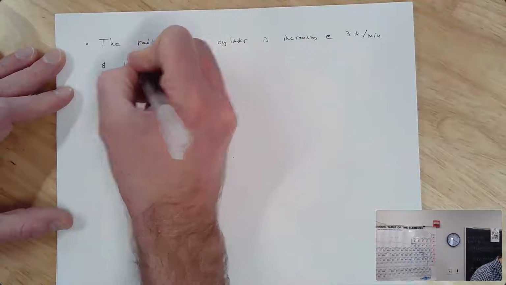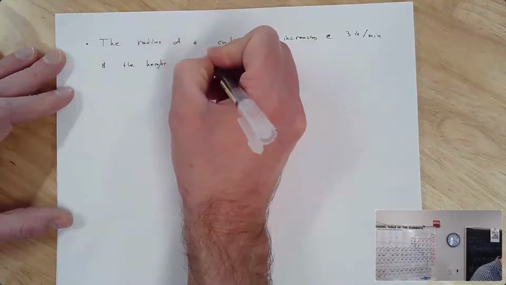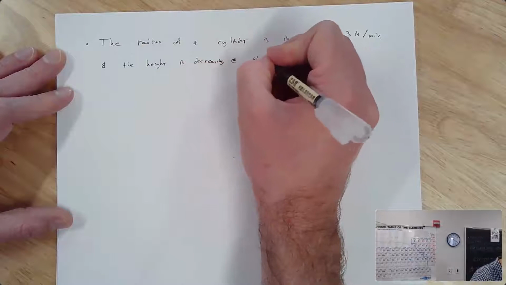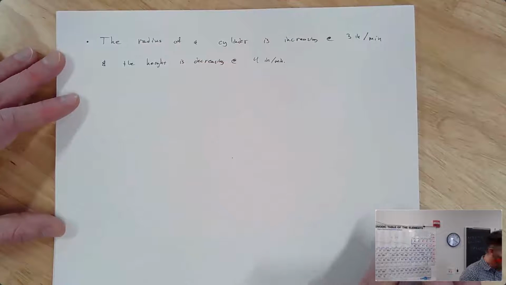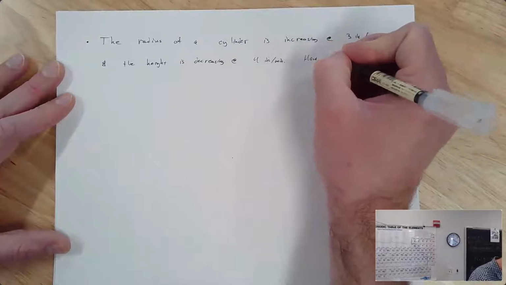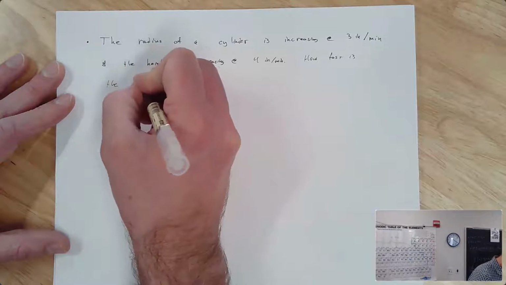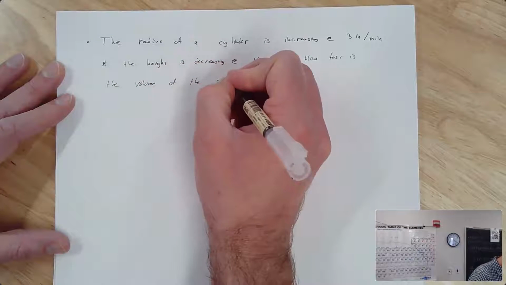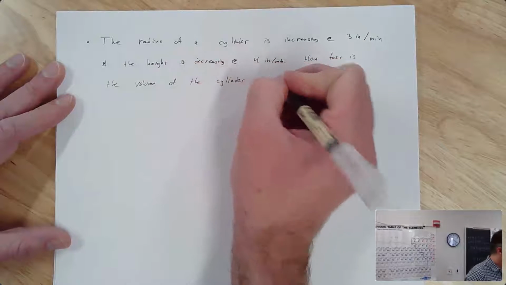And the height is decreasing at 4 inches per minute. Kind of a weird thing to have a cylinder change shape like that, but it can happen. How fast is the volume of the cylinder changing? Now that's not enough of a question.